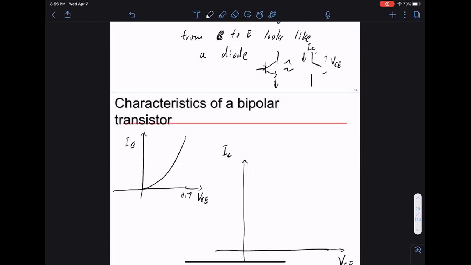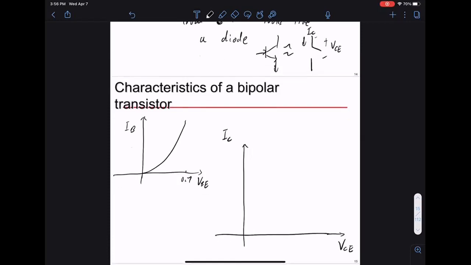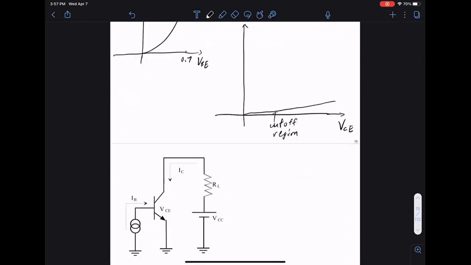I want to see how this looks like a switch, depending on how I operate the base current. First let's look at the closed. This is called the cutoff region.